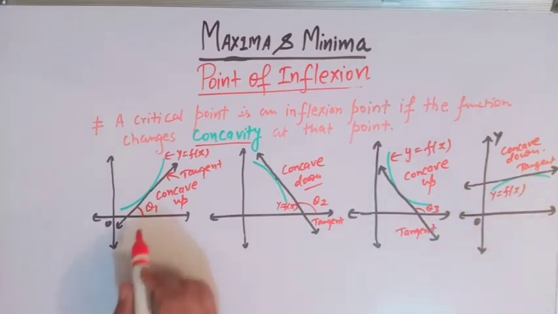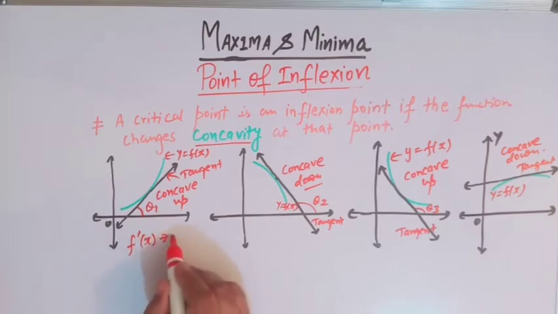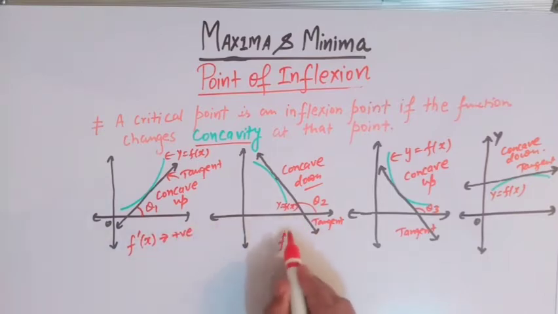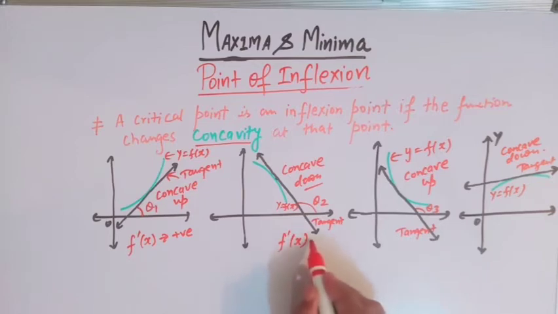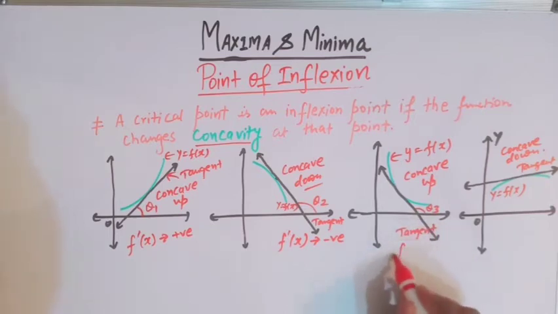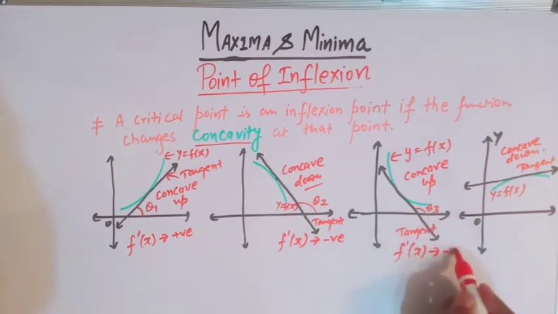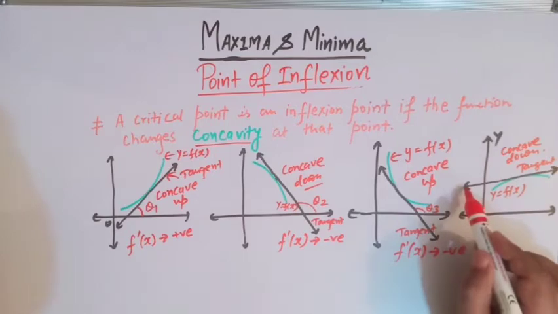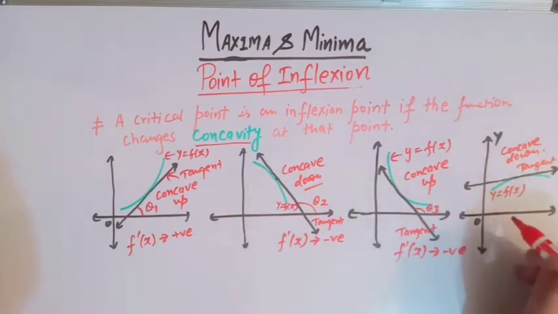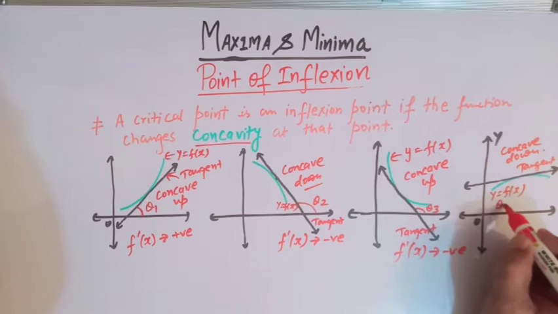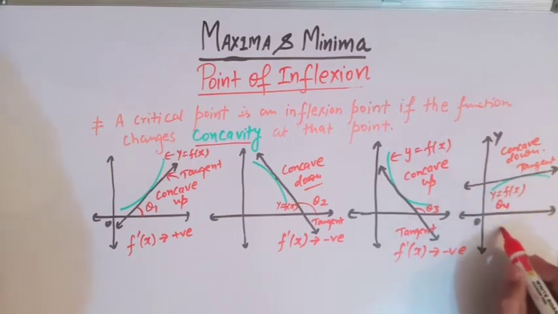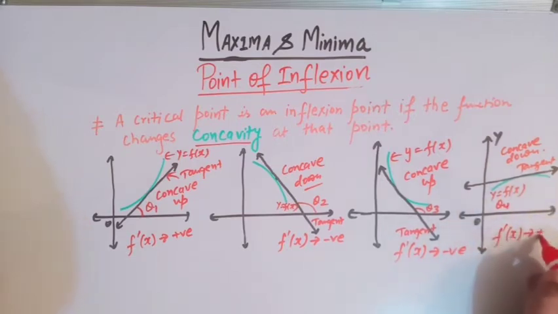Now in this case we see that the slope is positive, that is f dash x is positive, and here the derivative is negative, and here also the derivative is negative, and in this case also if we extend this line further we see that we'll have the angle theta 4, and the derivative will be positive, right?